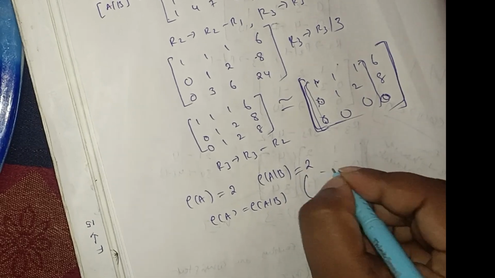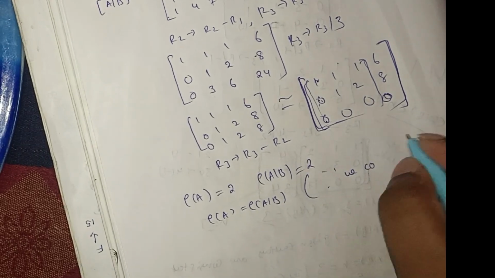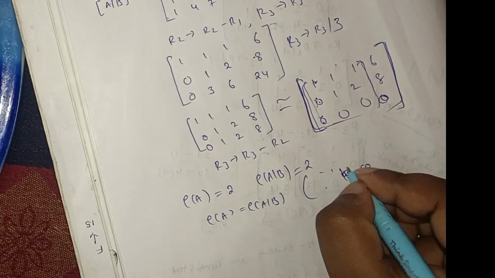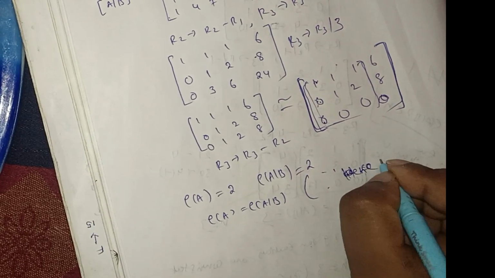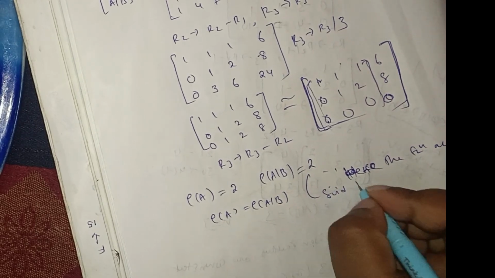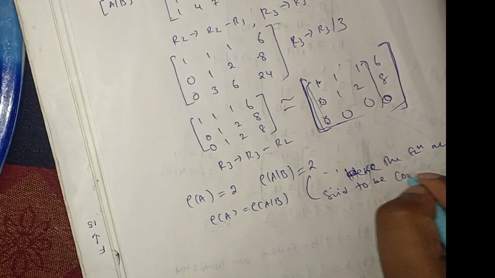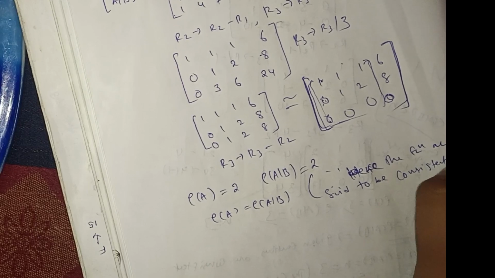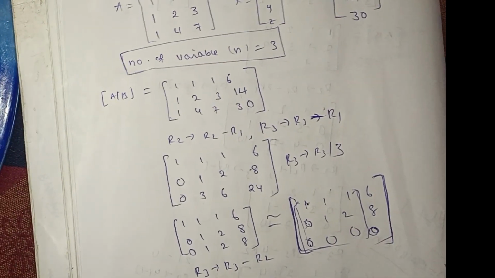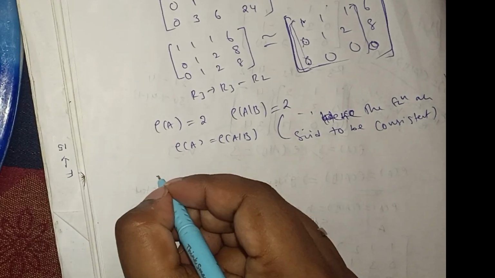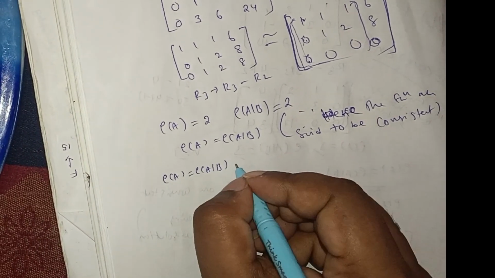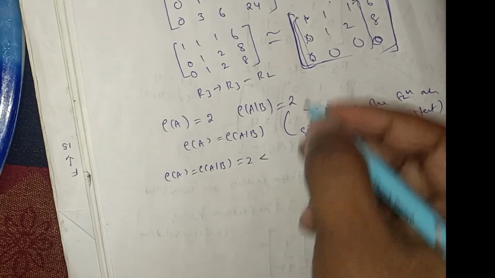Because rank of A is equal to rank of [A|B], the equations are said to be consistent. And rank of A is equal to rank of [A|B], which is equal to 2, but it is less than n.